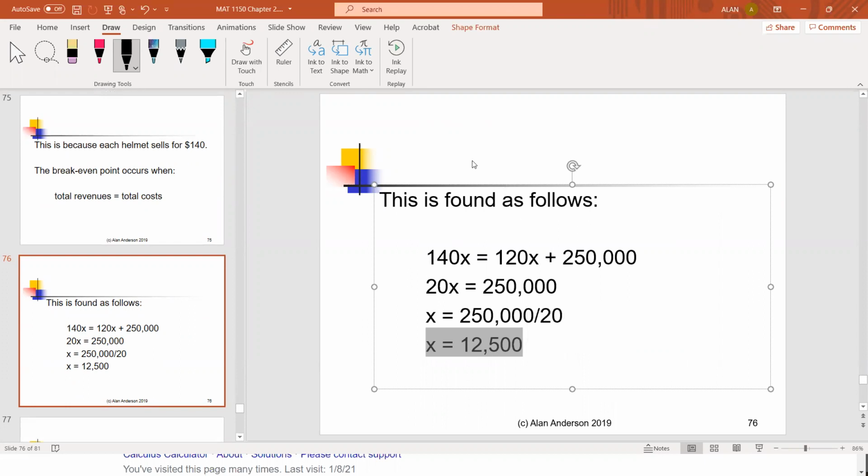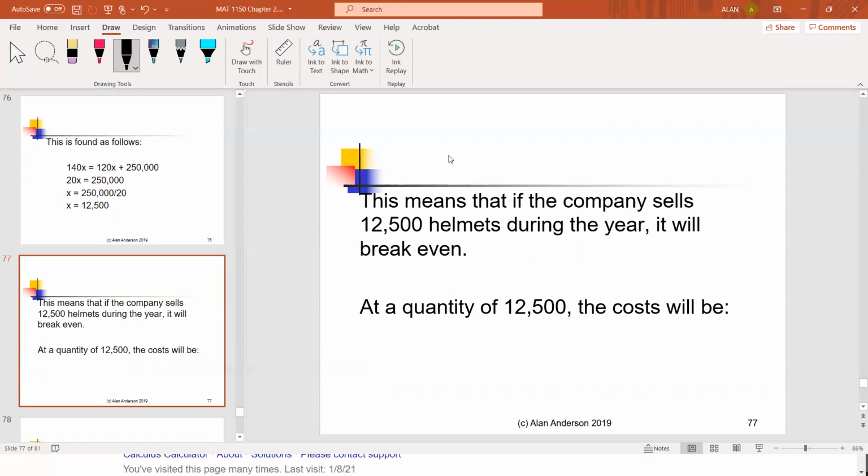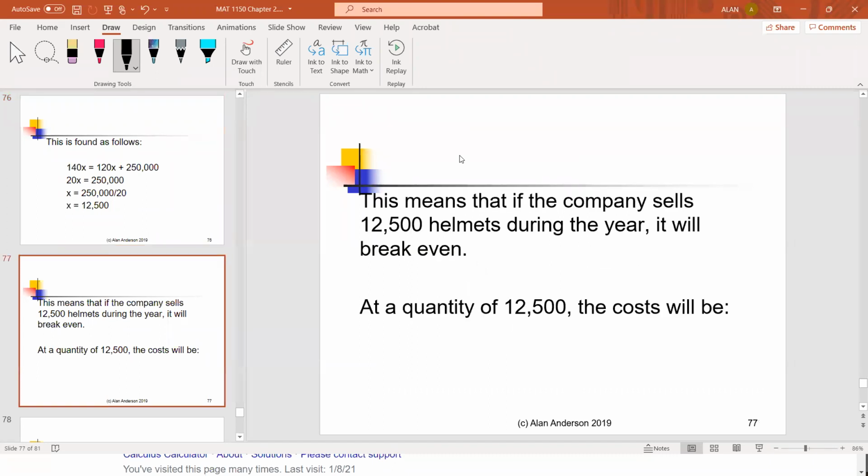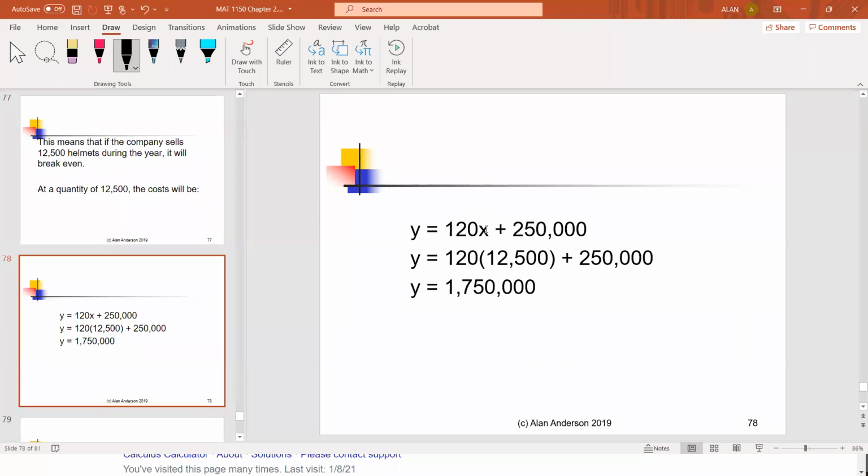So therefore, we want to sell more than this because every extra helmet will bring us another $140. Now, if I plug this 12,500 into the revenue function and the cost function, I should find that they're equal to each other. All right, so let's do that. So the costs of producing 12,500 helmets are $1.75 million.